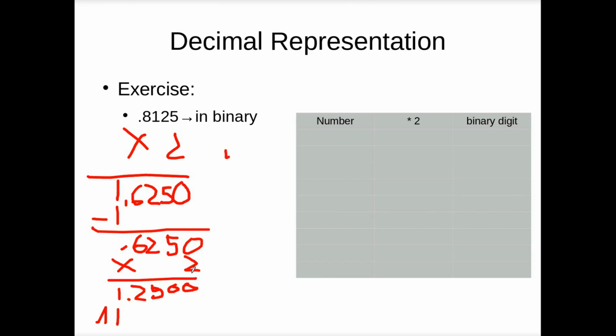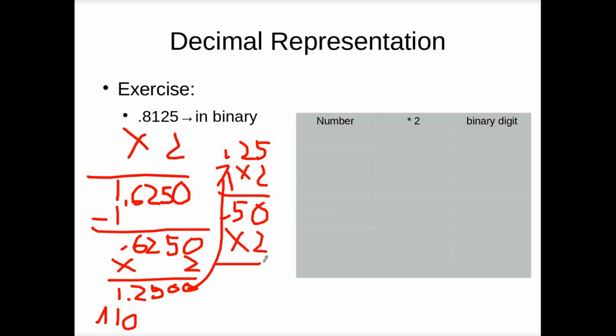Then 0.25 times 2 equals 0.5, so there's no 1 in the front here, so I'm going to put a 0 here. And then multiply by 2, it's going to equal 1. So this number, 0.8125, is going to be represented as 0.1101.